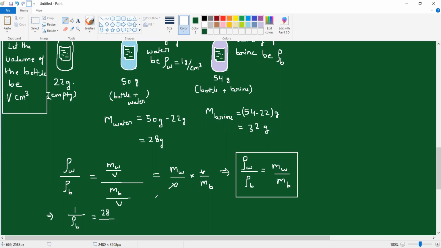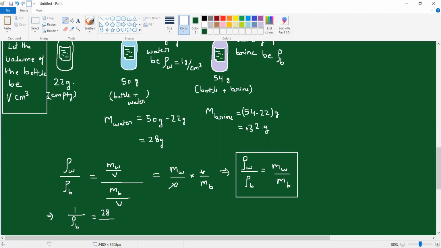There is anomalous expansion of water. It means water expands on freezing. When we study it, we will get to know in more detail. For now, you have to focus here.